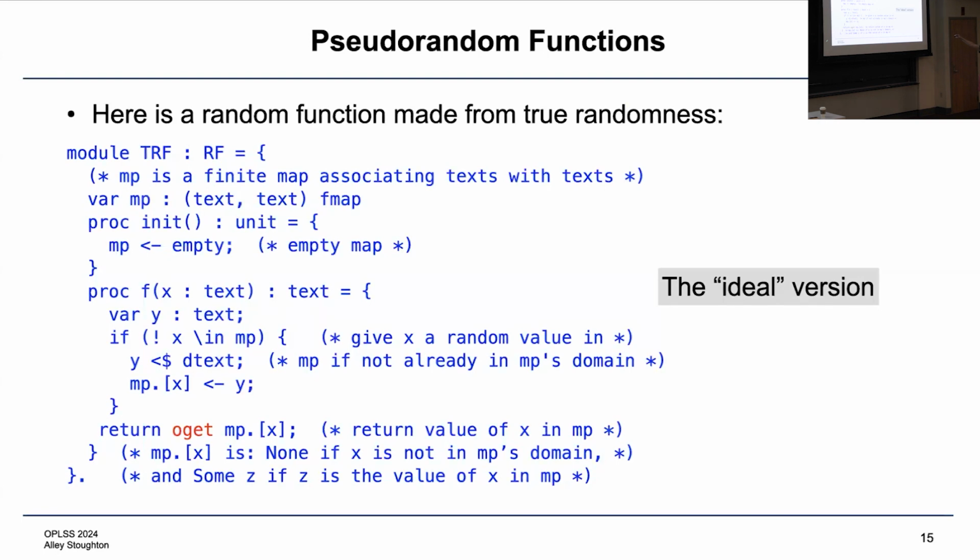Otherwise, we generate a random answer and then update the table to say that X gets sent to Y. And so all of the 2 to the text len, 2 to the text len, different finite maps from text to text are all possible. We start out with empty. Each time we call F, we're getting one step closer to knowing which one we have. We don't have to call it on all text values, of course, but if we did, then one of those very many different text maps would be what we would get.